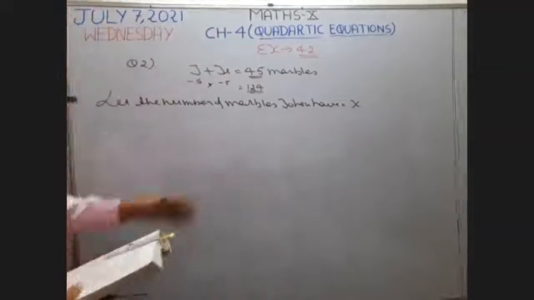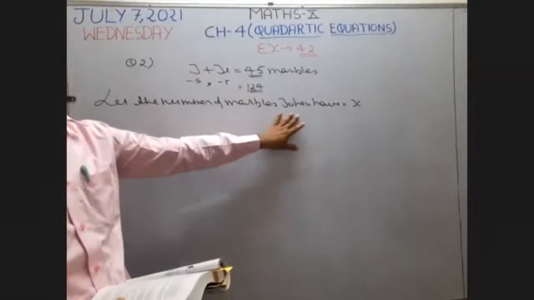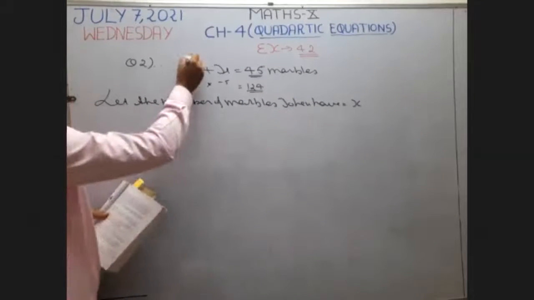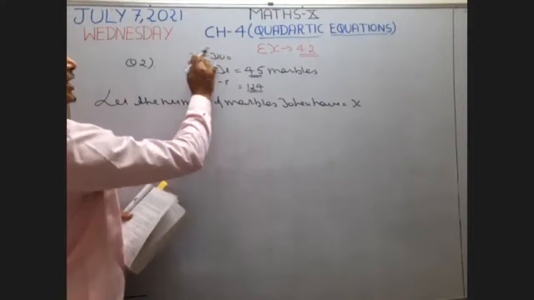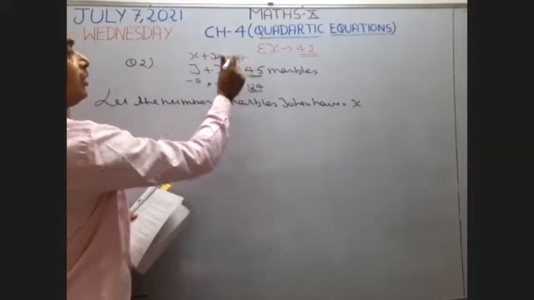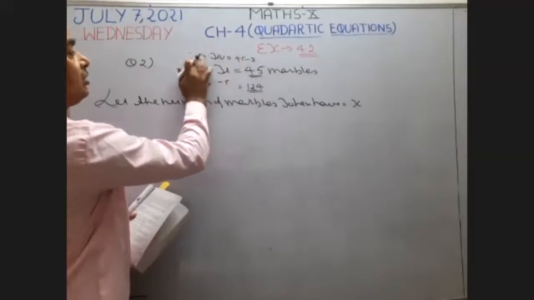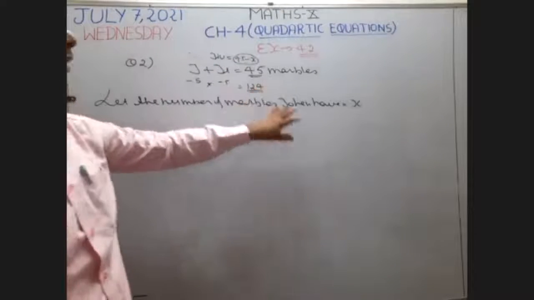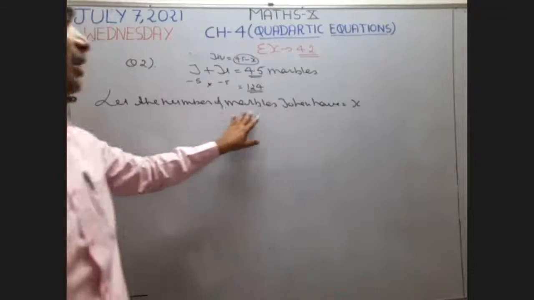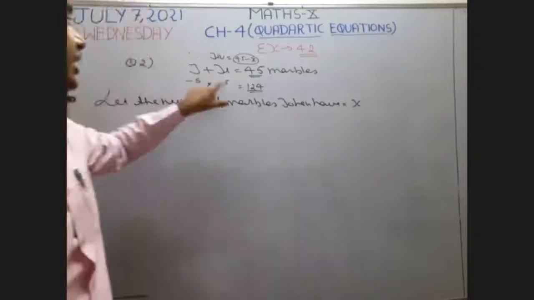I suppose John has x marbles. If John has x marbles, then how many marbles does Jivanti have? I take this x from right to left. This becomes negative. It means Jivanti has 45 minus x marbles.